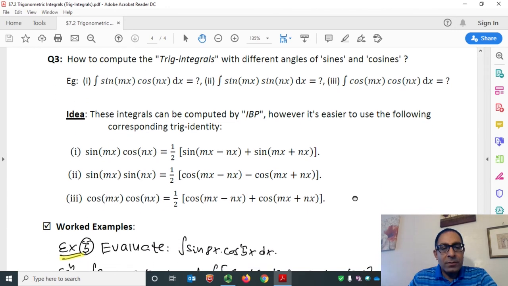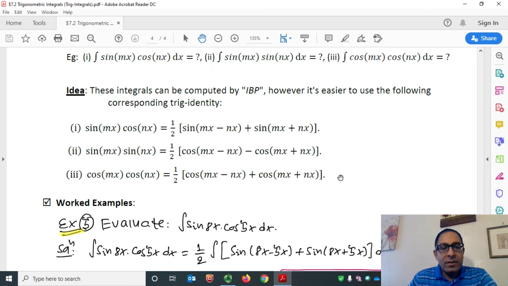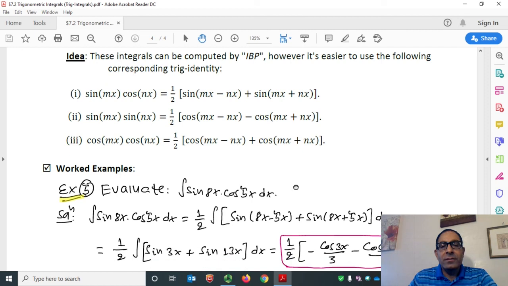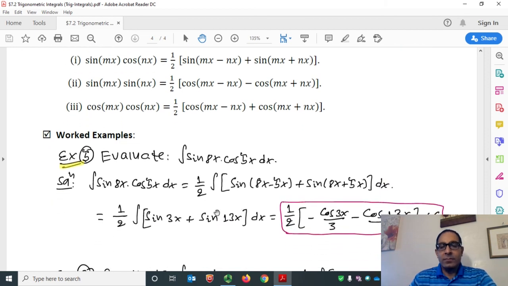So let's do example 5. Evaluate the integral of sine 8x times cosine 5x dx. In this example, I'm using this first formula where my m is 8, n is 5. Let me scroll down here. That's better.